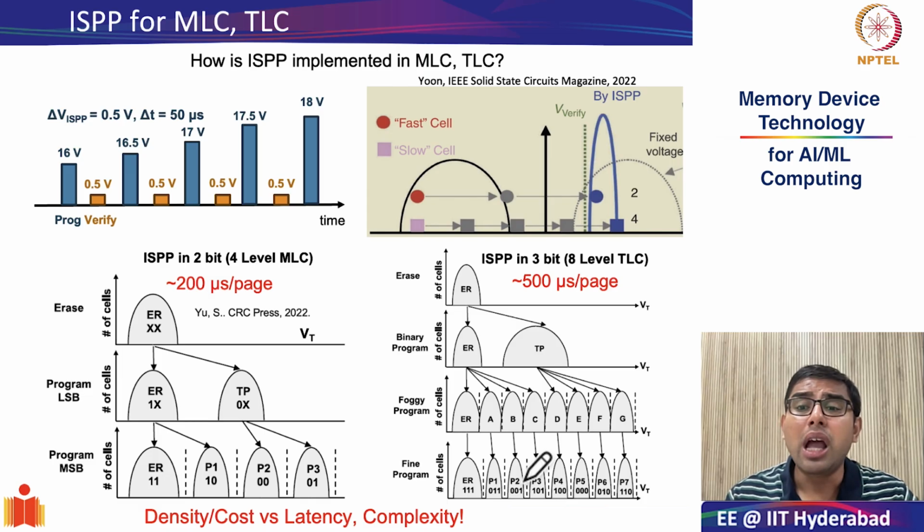This is consuming much more time compared to SLC, which can take only 10 to 100 microseconds per page. So there is a distinct trade-off between integration density and latency. And as we had discussed earlier, SLC is used for more high-end, high-performance applications, whereas MLC, TLC, QLC is used for more cost-sensitive applications.